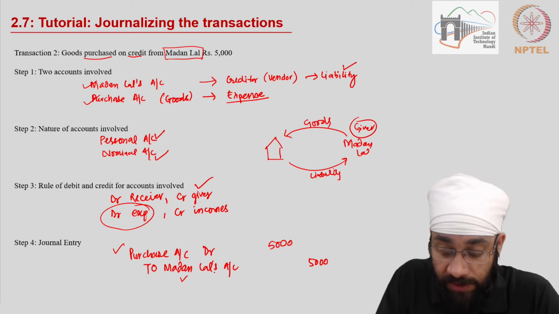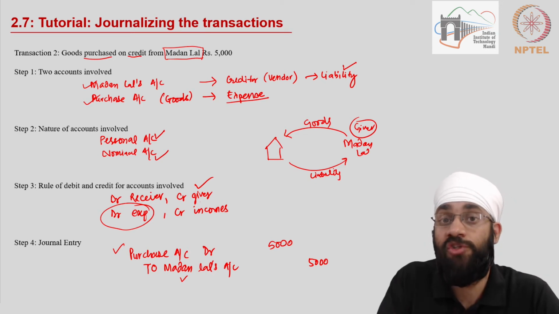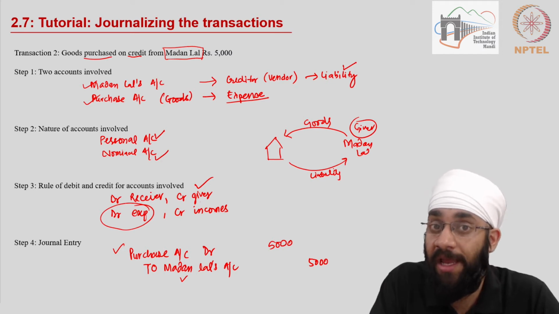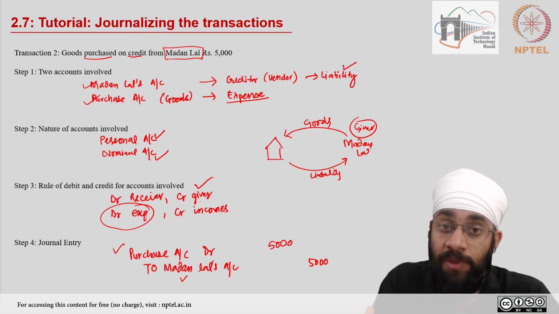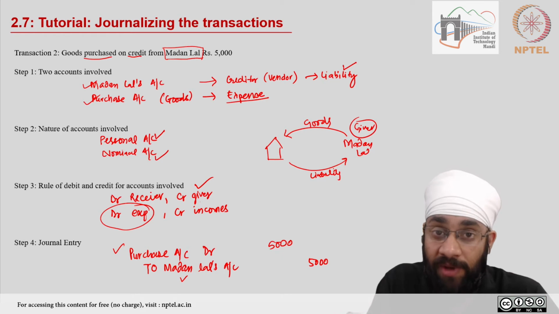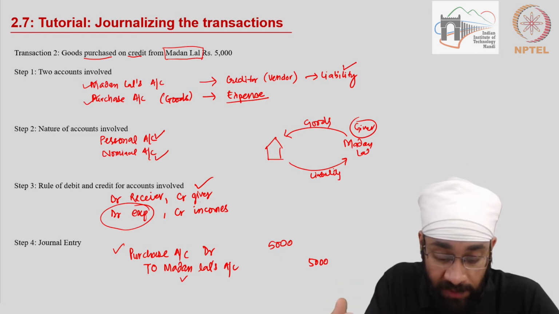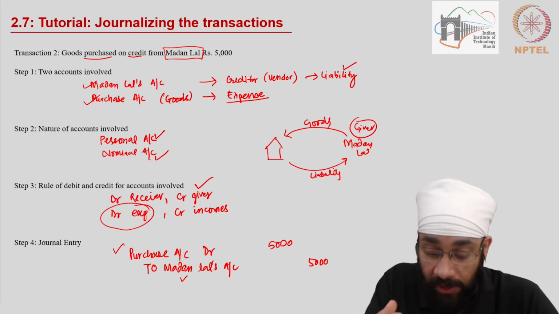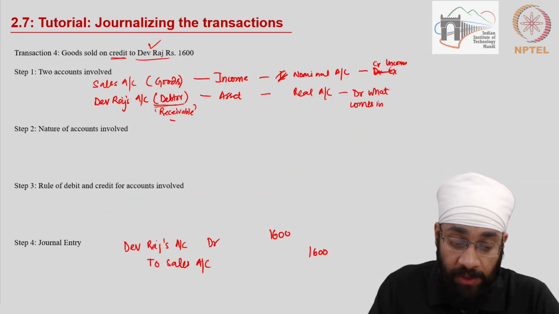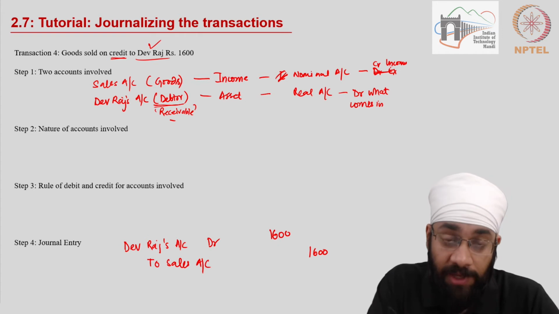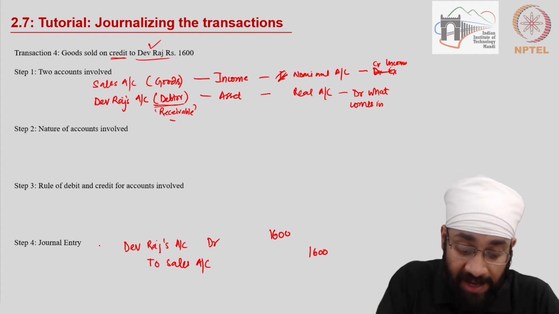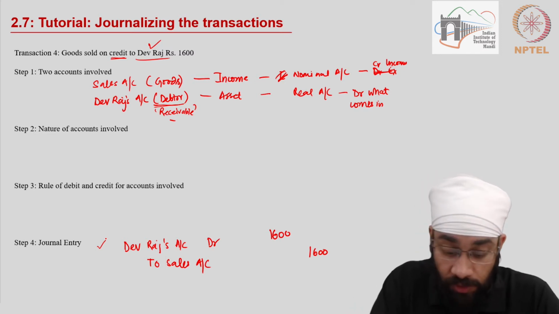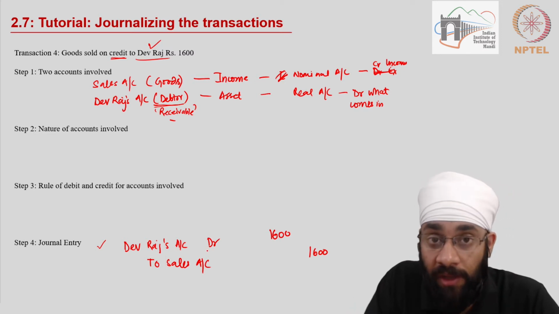The name of the person from whom we were purchasing the goods was being credited because it's a liability for us, which means claims on the business go up, hence credit given to Madan Lal. So a creditor is being created, a liability is being created. On the other hand, in transaction 4, goods are being sold to Devraj, an asset is being created, a receivable is being created, so his name is being debited here.